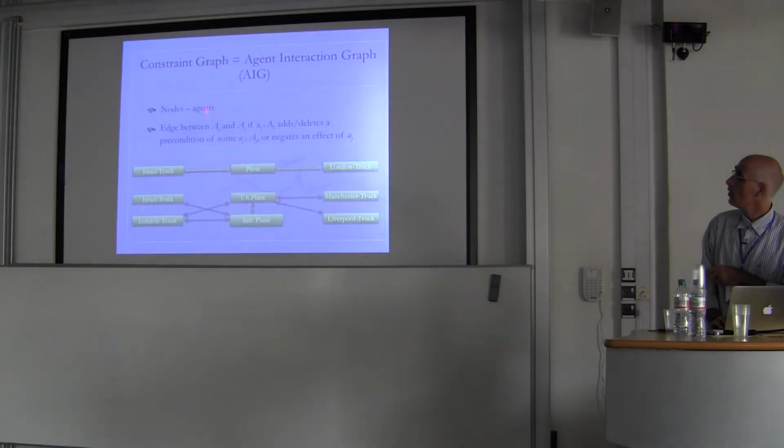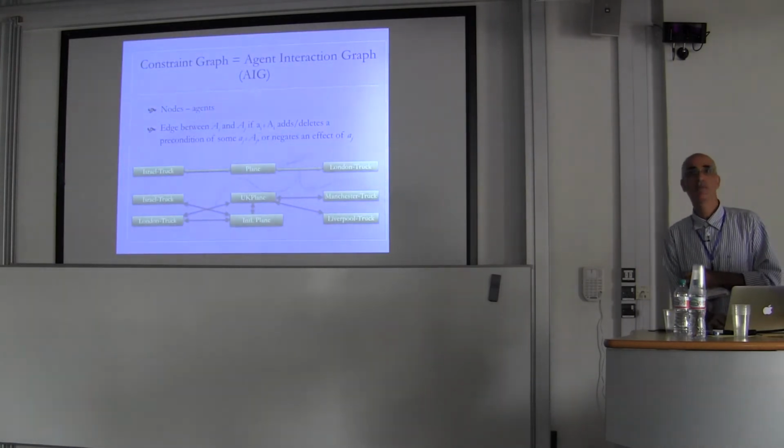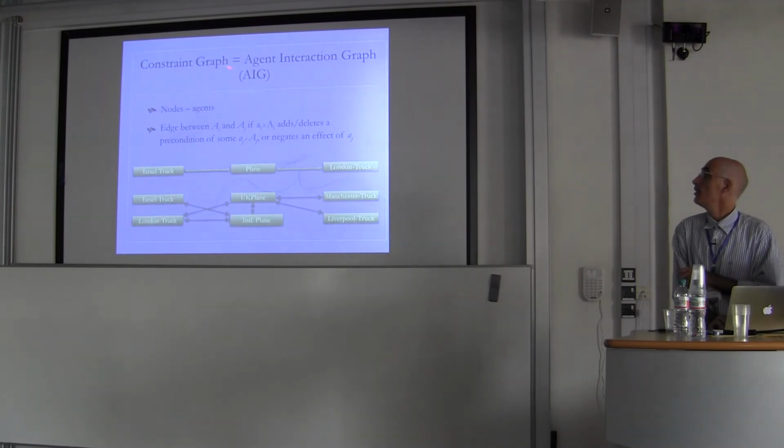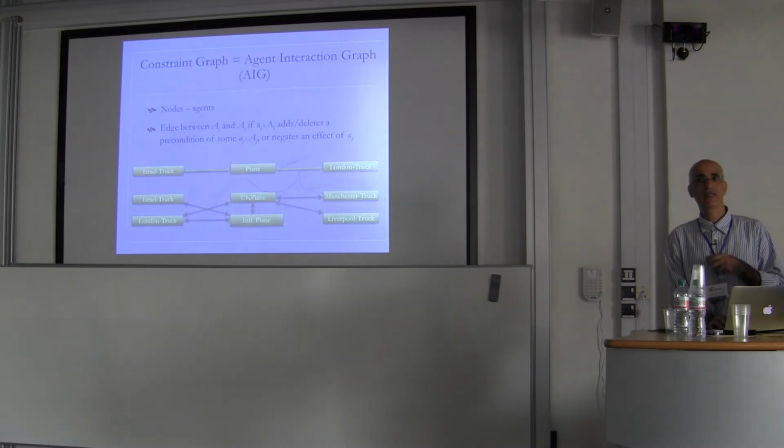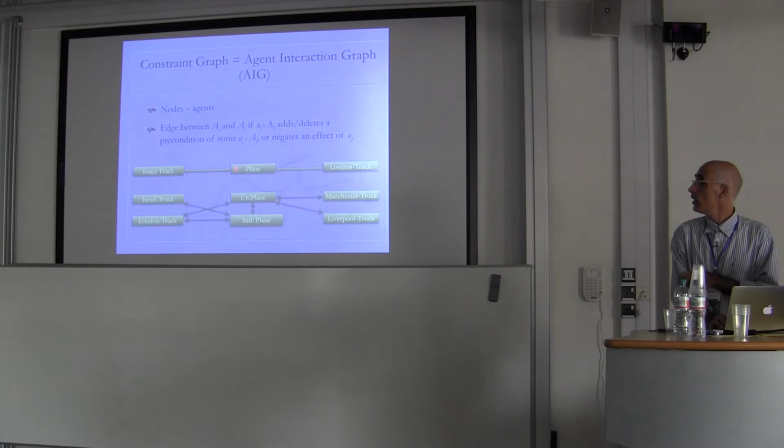Okay, now in the case of multi-agent planning, we have a notion called the agent interaction graph, which turns out to be exactly the same as the constraint graph for our formulation. In the agent interaction graph the nodes are the different agents, so we have 3 different agents, and we have an edge between 2 nodes if there is a proposition that appears in the description of actions of both of these agents.